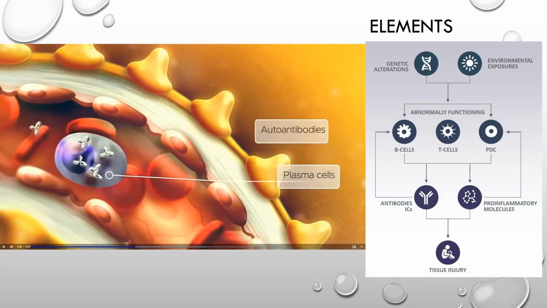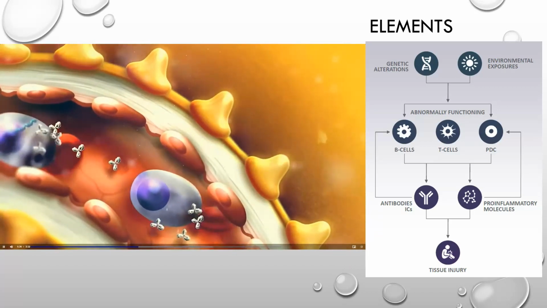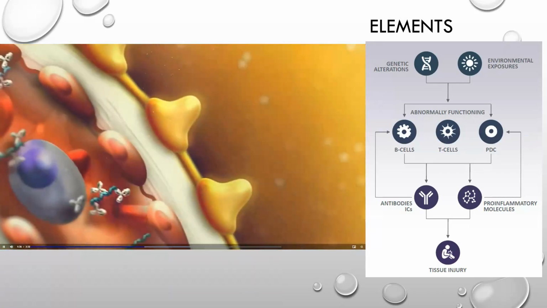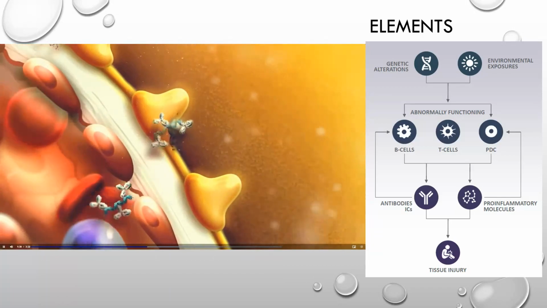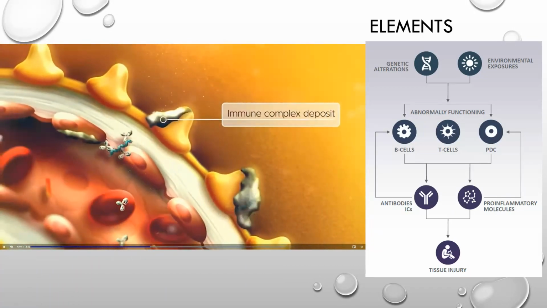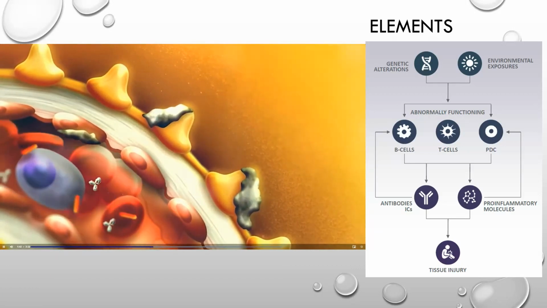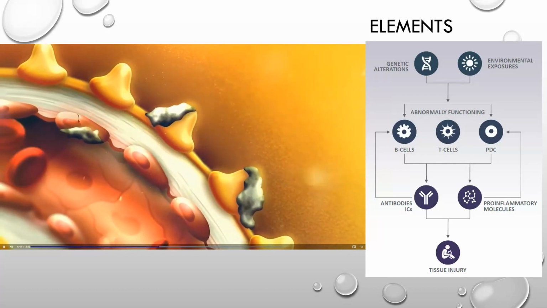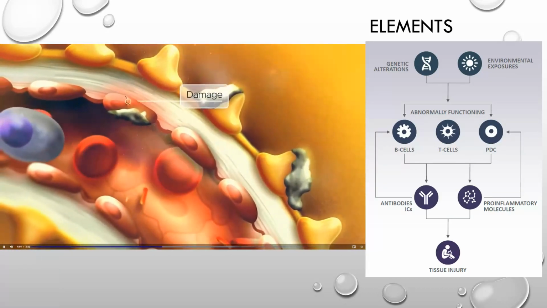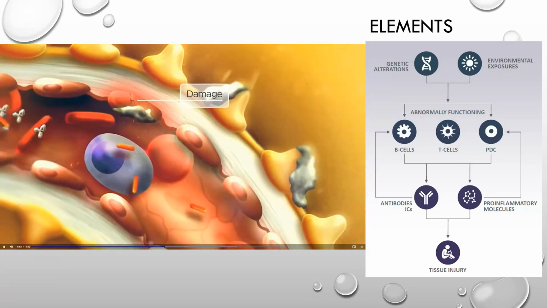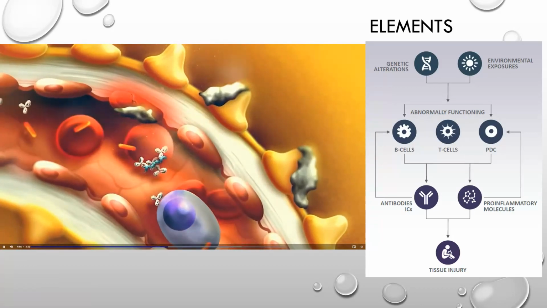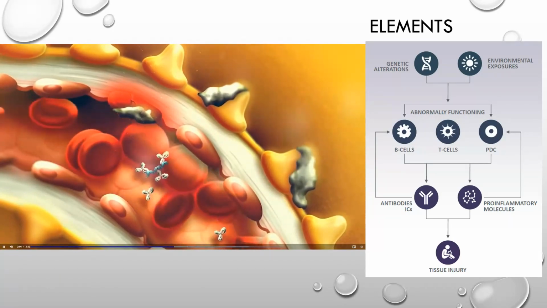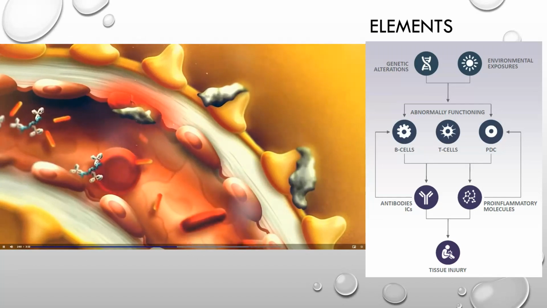Our autoantibodies bind to DNA to form these immune complexes, okay? And one method of tissue damage is when those immune complexes or antibodies then deposit on the podocytes here in the glomeruli. So this then is going to cause damage to the kidney, can cause inflammation, can then cause buildup of waste in the blood, protein to be excreted, we can have blood in our urine.